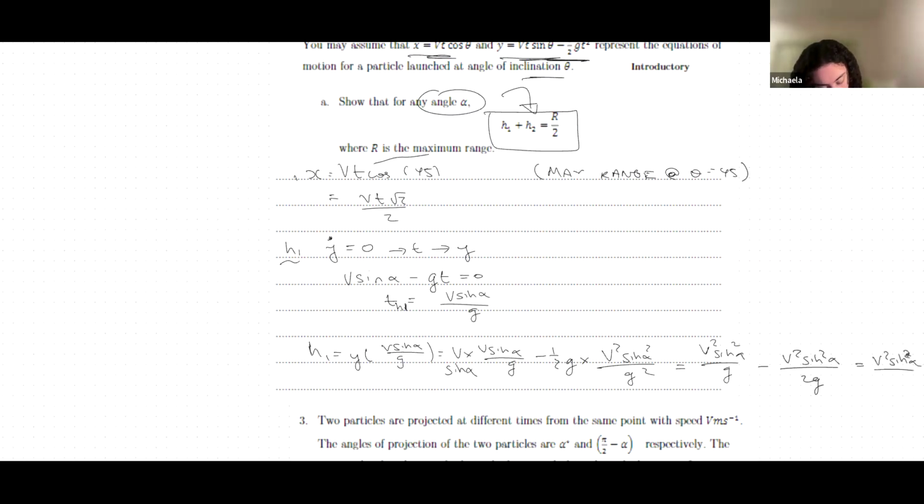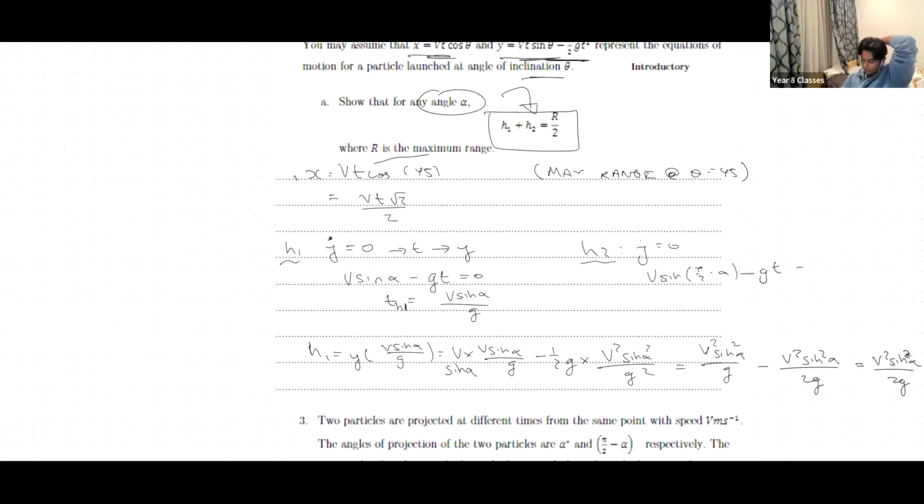Now h2, y dash equals 0. Y dash equals v sine pi on 2 minus a minus gt. And t equals v sine pi on 2 minus a.